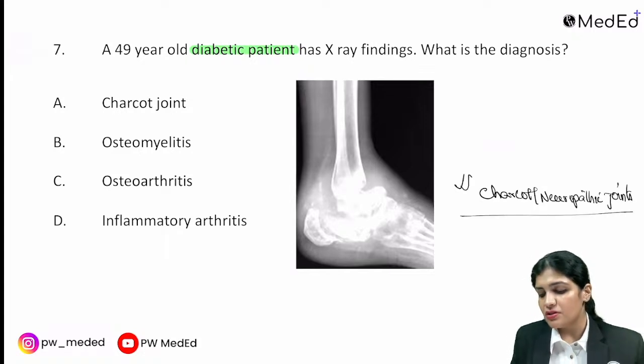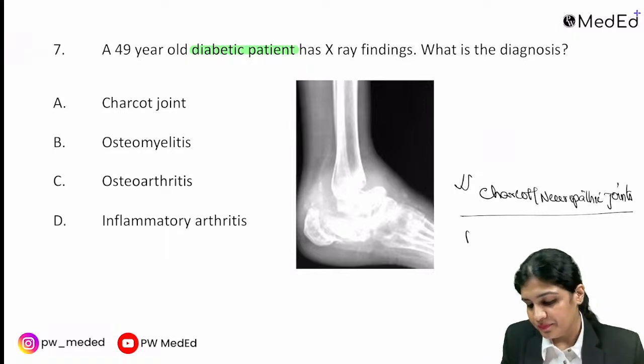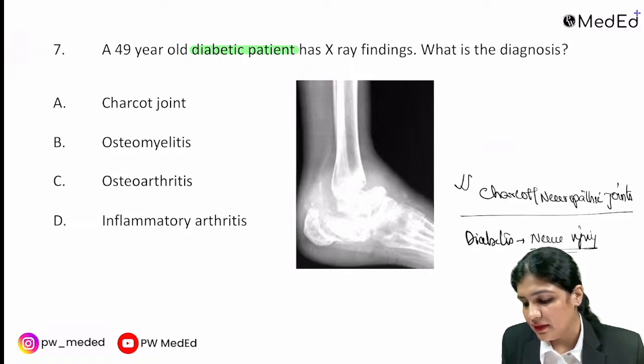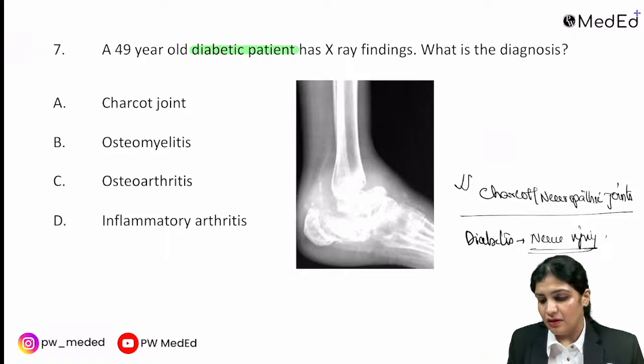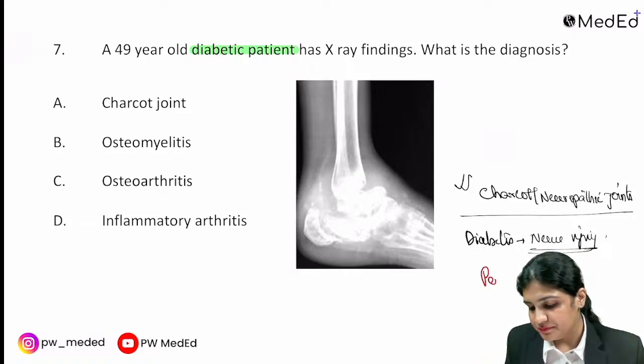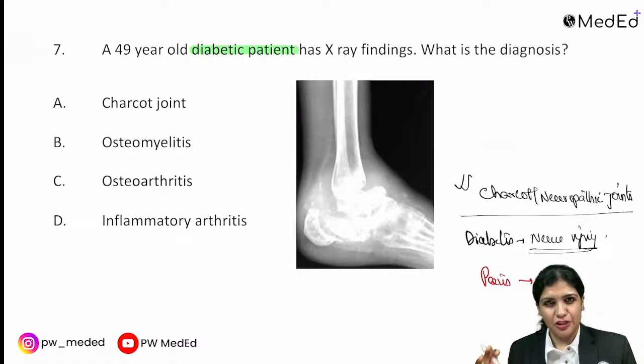Here, because of the diabetes and the nerve injury that has happened, the sensation such as pain is absolutely decreased. There will be a complete loss of pain sensation for the patient, right?